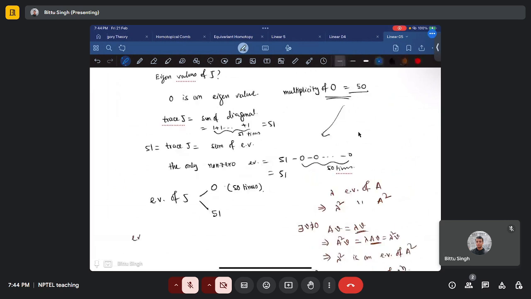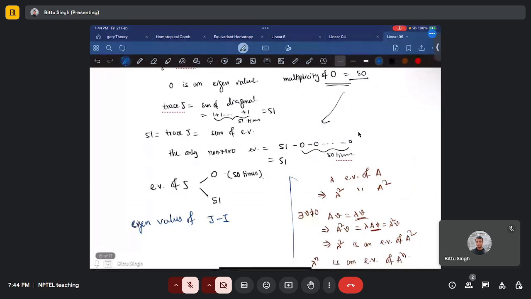So back to this problem, the eigenvalues of J minus I. What are the eigenvalues? It will be simply a subtraction. J minus I can be written as J minus I times J to the power 0.